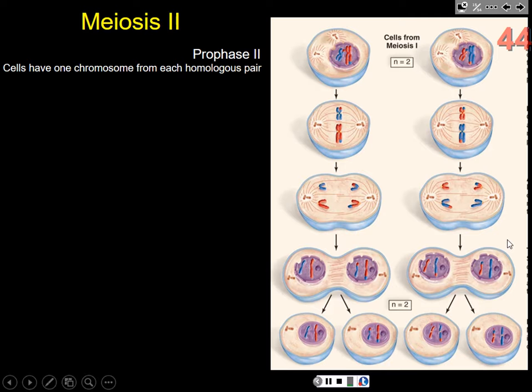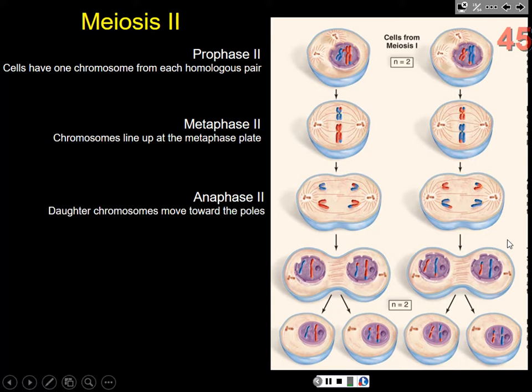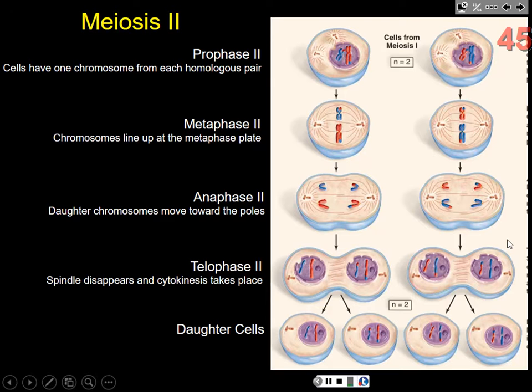I've got my one from each homologous pair in those cells. Metaphase, my chromosomes line up right there. Anaphase, my sister chromatids pull apart, move toward the pole. Telophase, I have 4 cells that are produced with one chromatid from each pair. And then I have 4 haploid daughter cells.